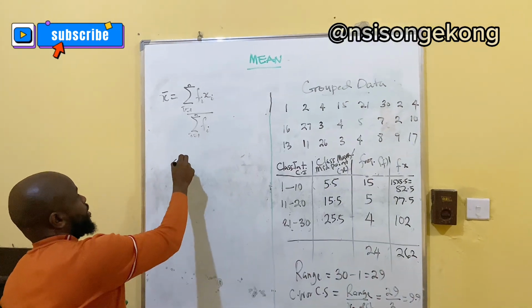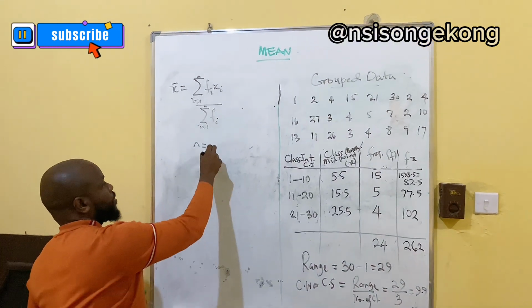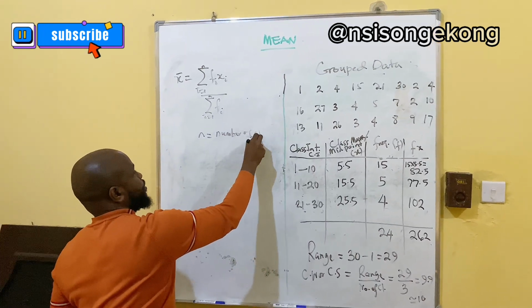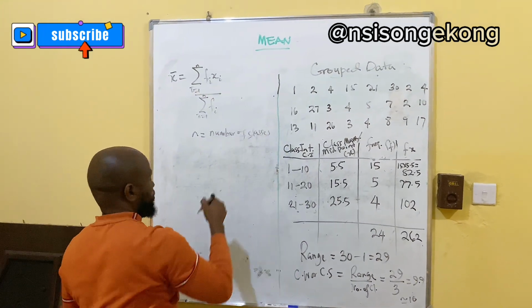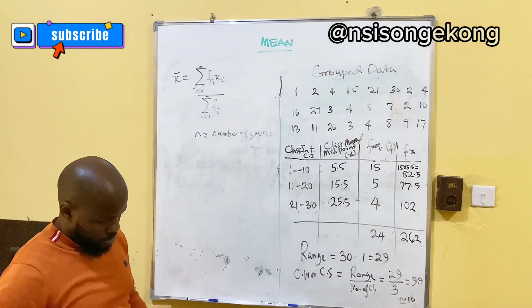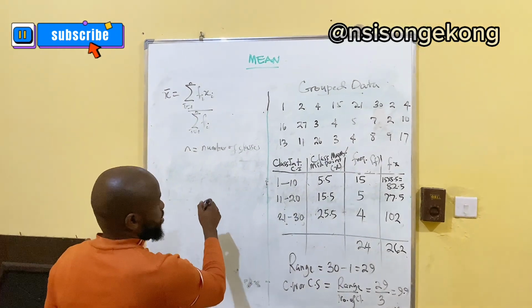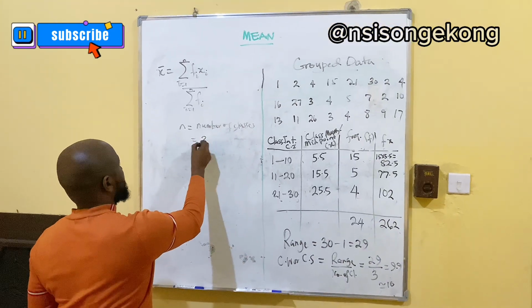In this case, n is simply the number of classes we partition the data set into, and is in this case just 3.